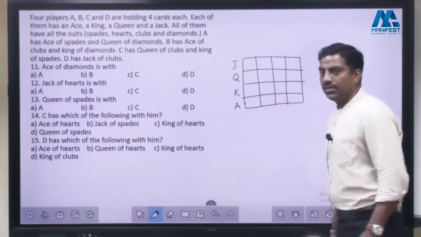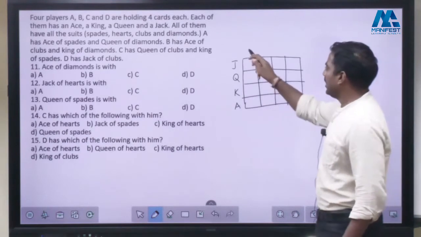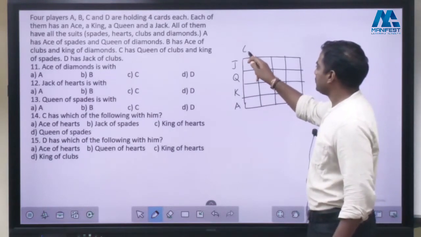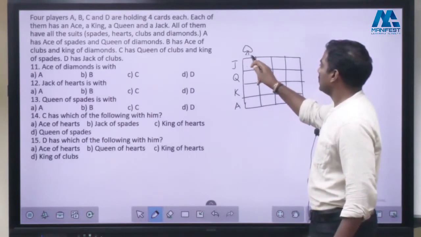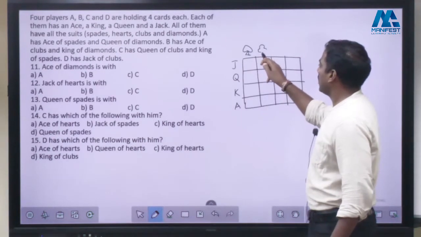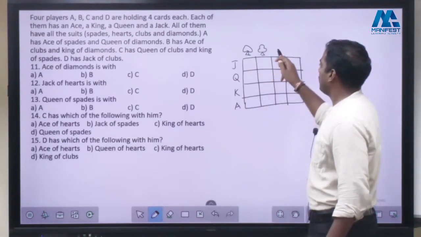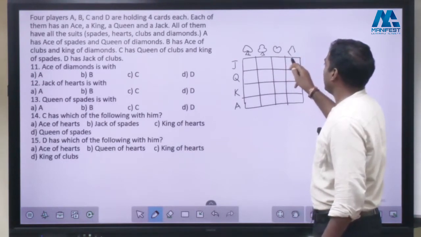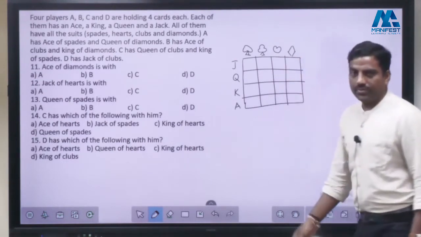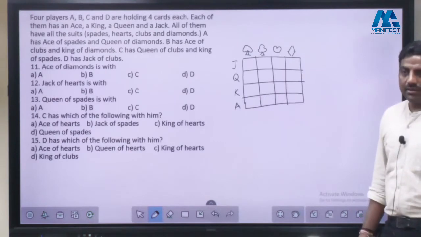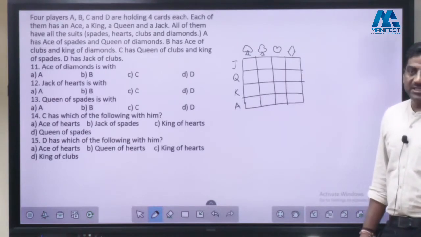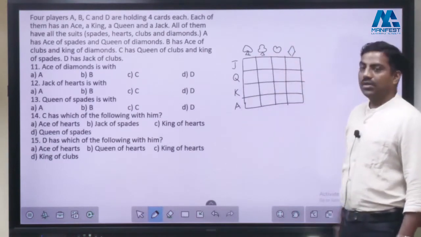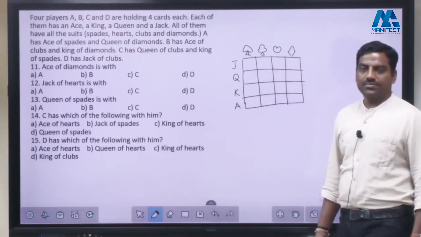These are the cards that they have. And in that, I'll take spade, club, diamond, and heart. 4 into 4, 16, right? Totally. Yeah, these are suits. These are what? Numbers or alphabets.